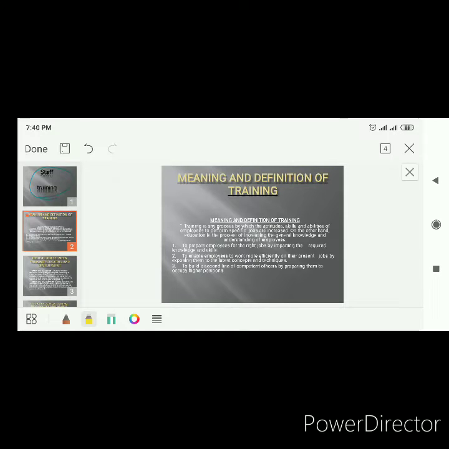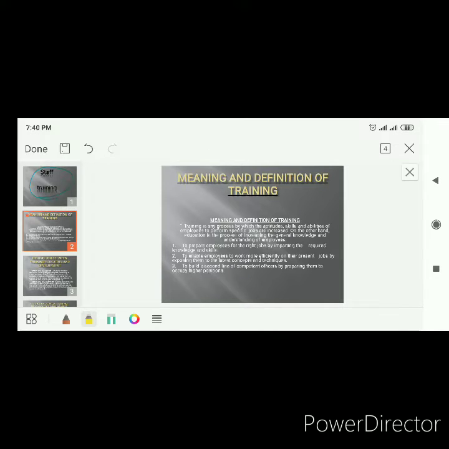Point number 3, the last point: to build a second line of competent officers by preparing them to occupy higher positions. Suppose you have trained an employee. After you train your employee, we have done the first point, the second point, and now this is the third point. You build a second line of competent officers.